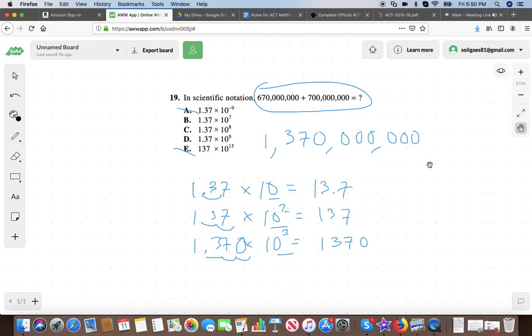Let's go on. Now that I know how this works with the decimal, I'm just going to count the number of places up to the 1. I got 1, 2, 3, 4, 5, 6, 7, 8, 9. Oh, there we go. So it's 1.37 times 10 to the power of 9.